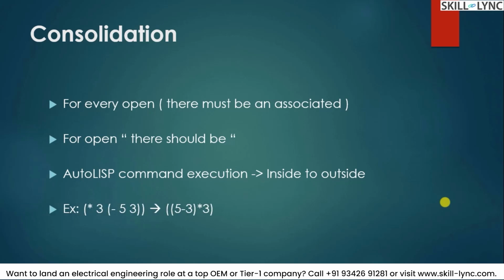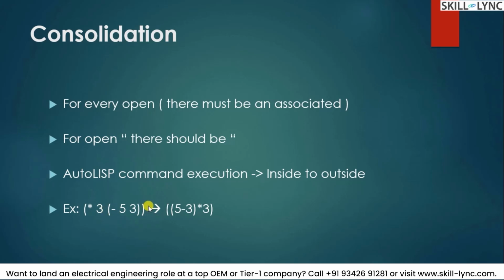Let us look at an example. Here you can see that we have two sets of functions. One operation is a multiplication, the other is a subtraction. And again we have two sets of open and close parentheses. Now the AutoLISP environment understands that the outermost close is associated with the outermost open, so this is the outer function. Whereas for this other open and close, AutoLISP understands that this is the internal function, so it will execute this first and then move on to the others.